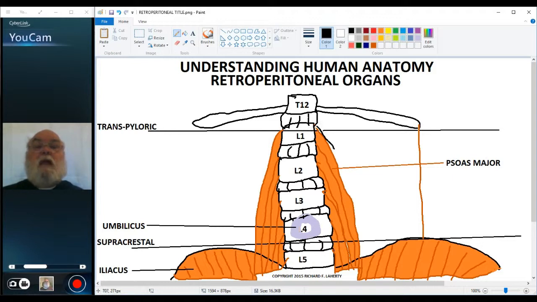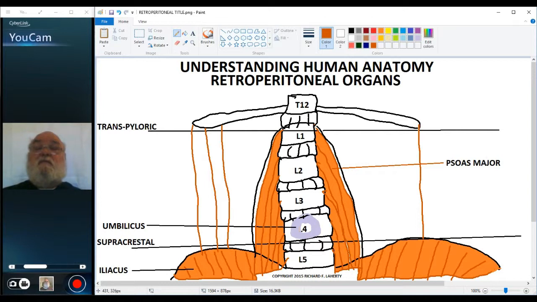I'm going to draw a black border in between it and psoas major so that you can see the difference. And this is a rectangular muscle, as you might guess from the name quadratus.